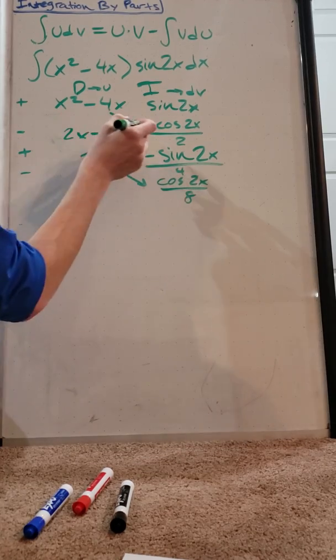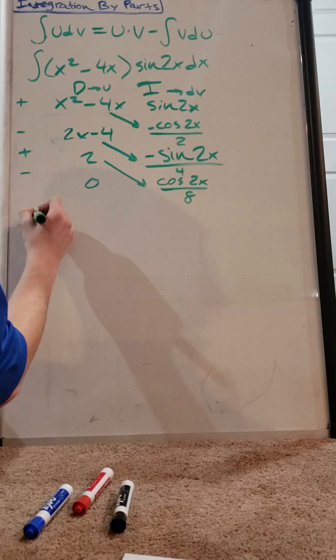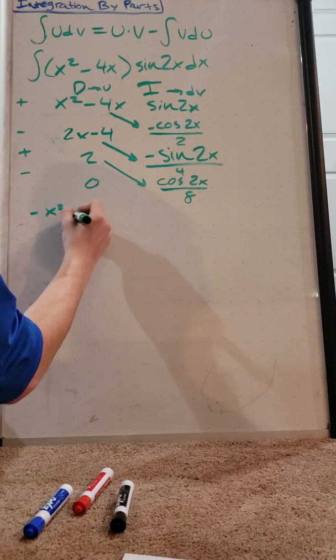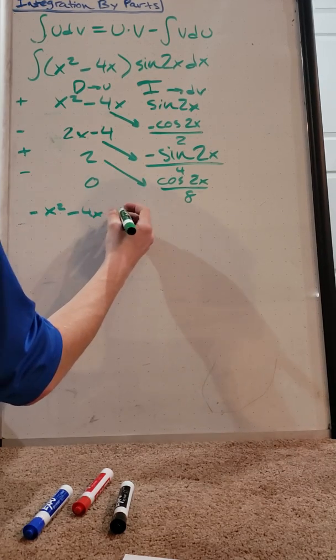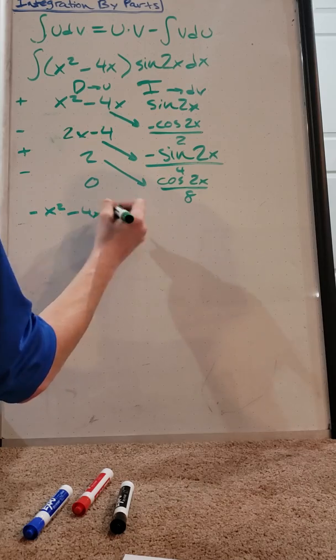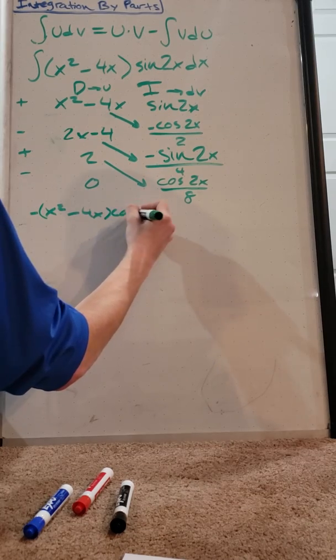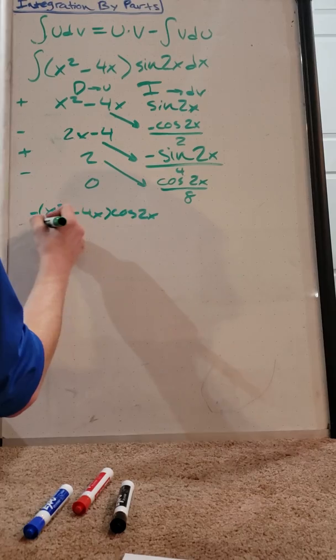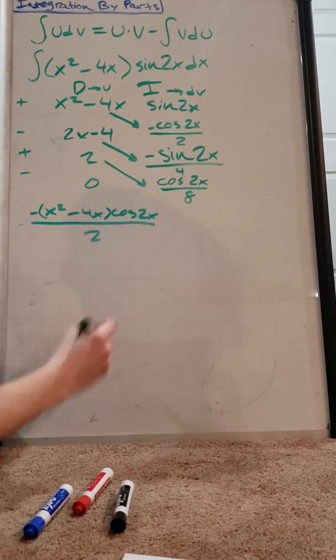What you get when you multiply here is negative x squared minus 4x times cosine 2x, the whole thing over 2.